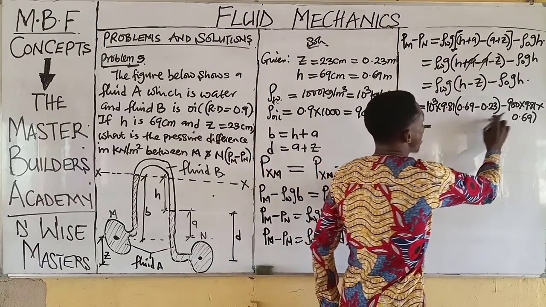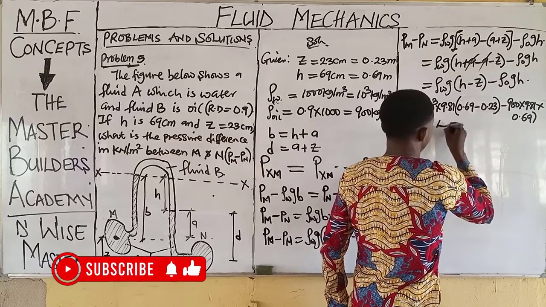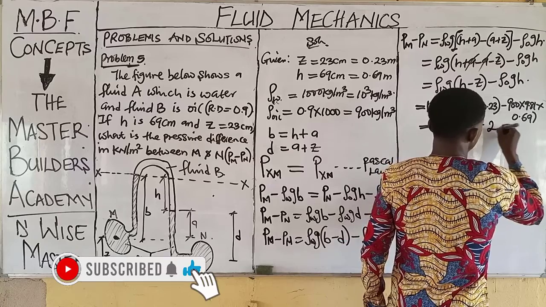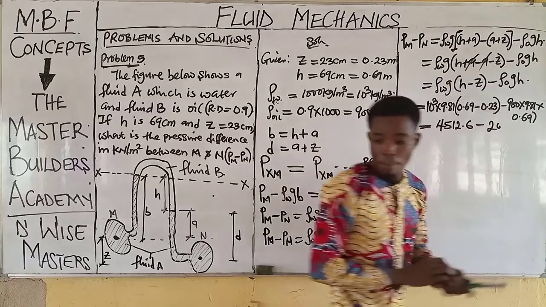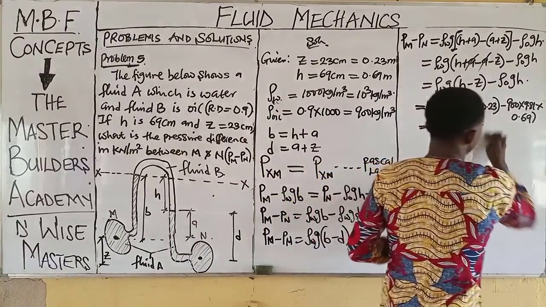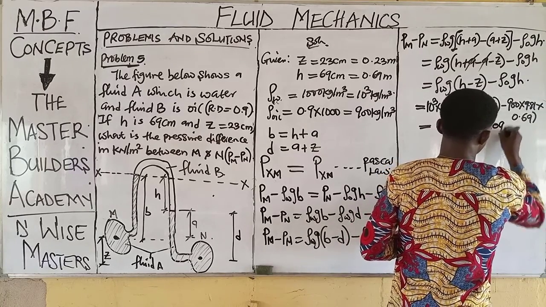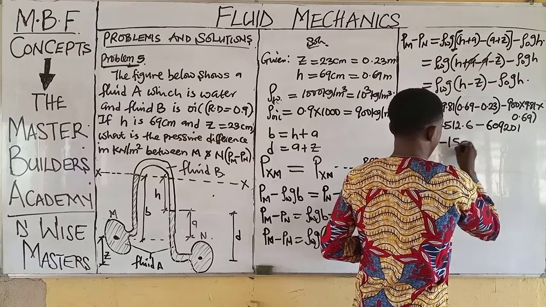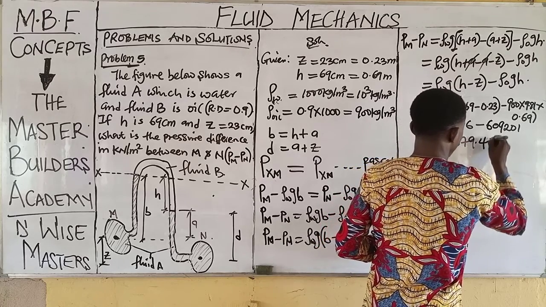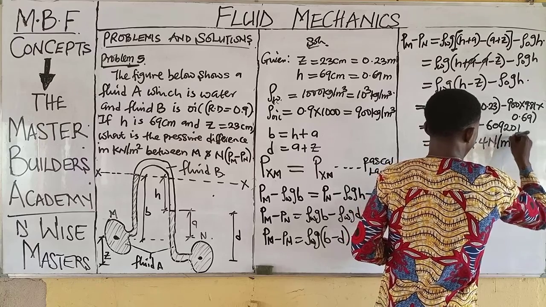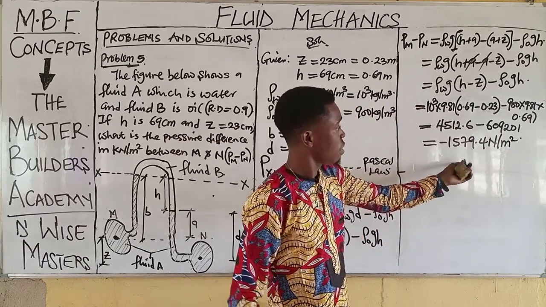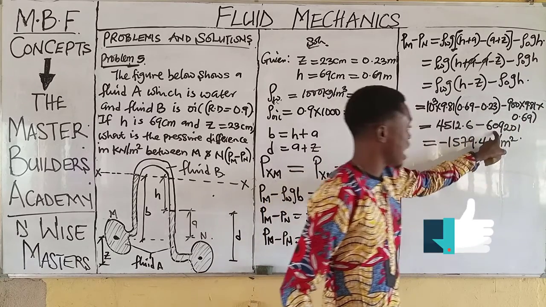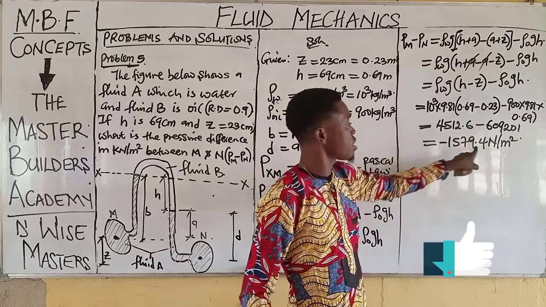Now when we multiply out and simplify this term, this will give us 4512.6, while this will give us 6092.01. And when we subtract, we have negative 1579.4 newton per meter squared. This is what we have.